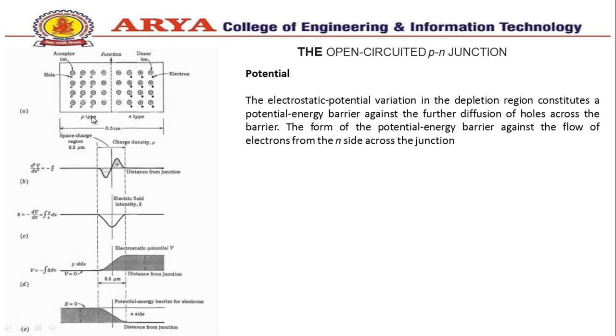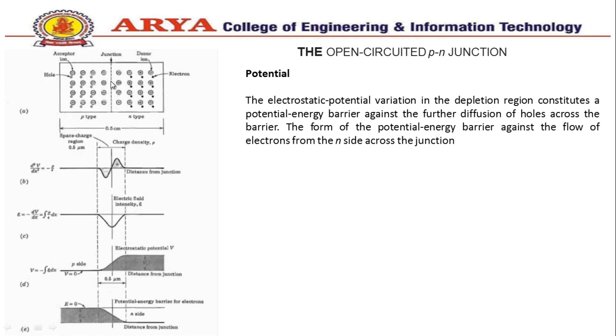The concentration of holes on the P side is much greater than that on the N side. So a very large hole diffusion current tends to flow across the junction from P to N material. Hence an electric field must build up across the junction in such a direction that a hole drift current will tend to flow across the junction from the N side to the P side in order to counterbalance the diffusion current.